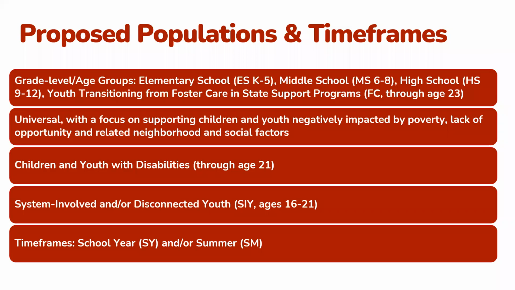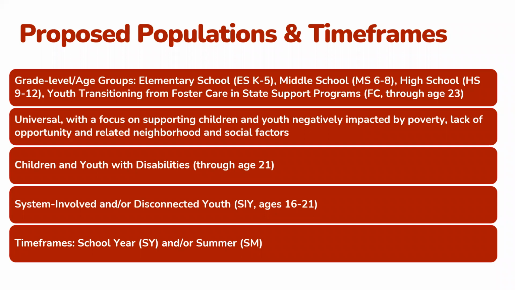Okay. So this slide will show you some of the key abbreviations used throughout the RFP for population and timeframes. And again, understanding those population and timeframes and what you are selecting to apply for is critical. There's the different grade level and age groups. So there's the elementary K through 5, which is referred to as ES K through 5. There's the middle school, which is MS 6 through 8.